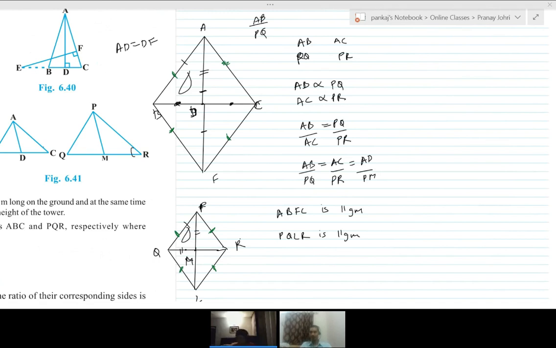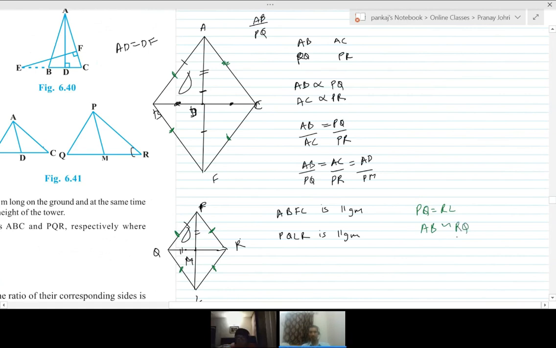So if we take QLR and ABC, in QLR, since PQ is equal to RL and AB is proportional to PQ, AB will be proportional to RL.